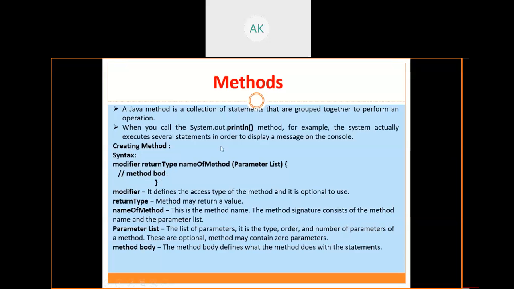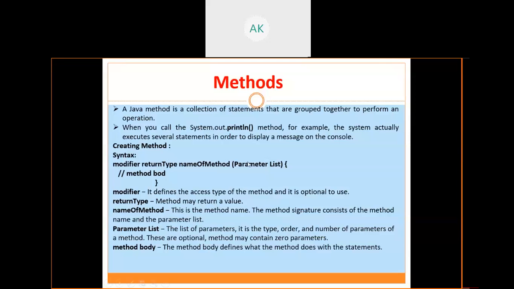Then next we specify the name of the method, whichever name you want to assign, and then in the brackets you may either have a parameter list or not. If the method does not have a parameter, that particular method is called a default method or a method without parameters.